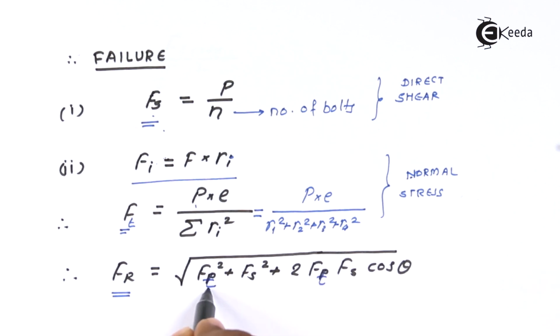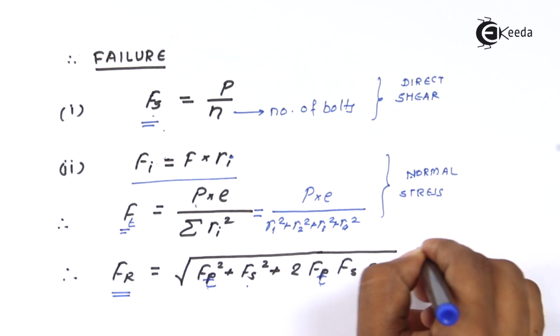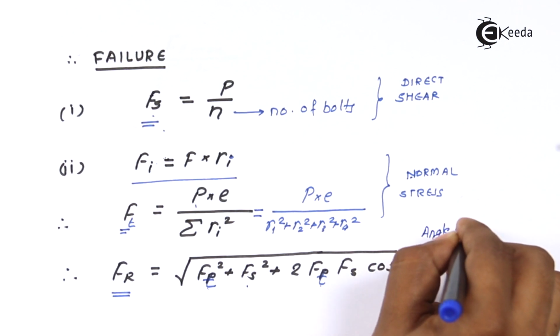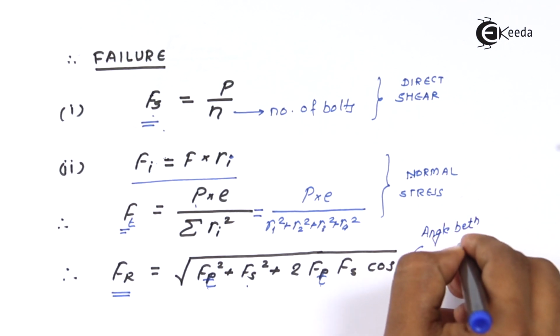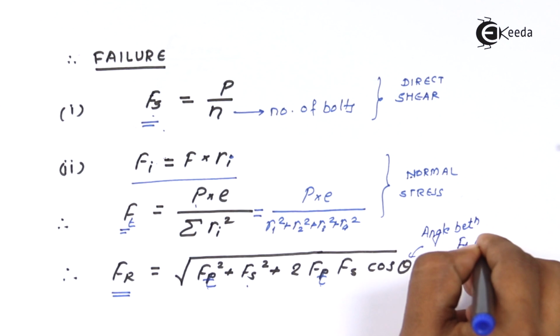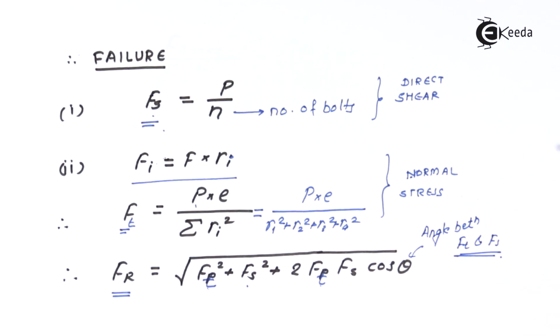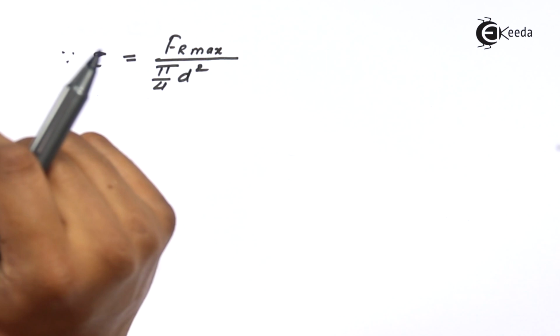let me make the correction. So it is ft square plus fs square plus 2 times ft fs cos theta, where theta is the angle between ft and fs. So if the data is given, accordingly we can find out theta and then proceed.